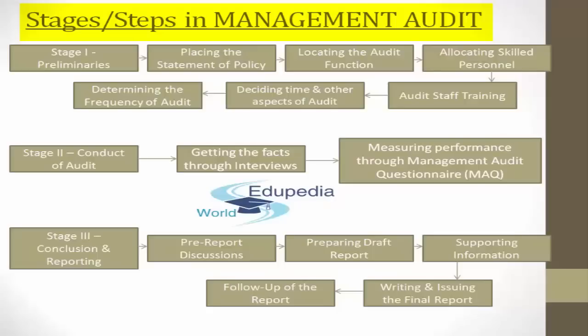It might be something from stage 1, stage 2, or stage 3. So I'll brief you about all these 3 stages in order to make you aware of the principles and concepts relating to the stages and steps that need to be performed in the management audit, so that there is no chance that you won't get the concept for any other questions. That's the best thing which I can do for you guys, for your love.